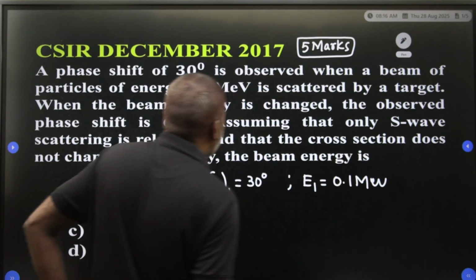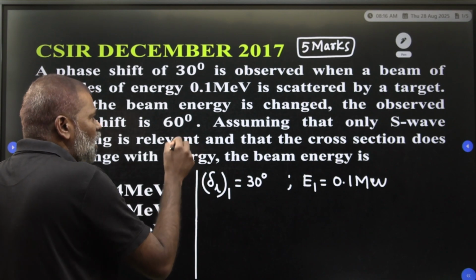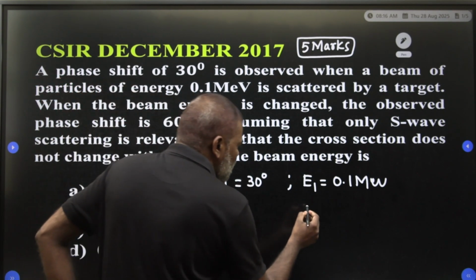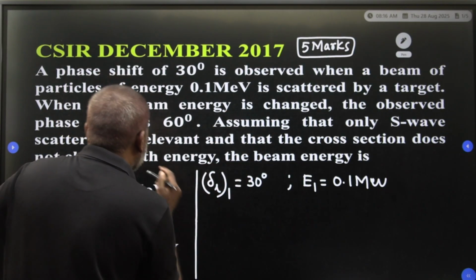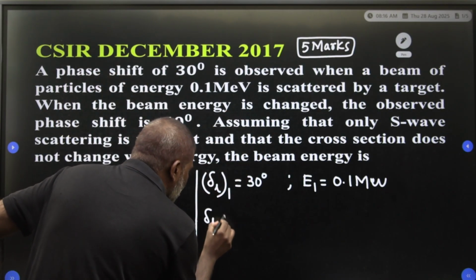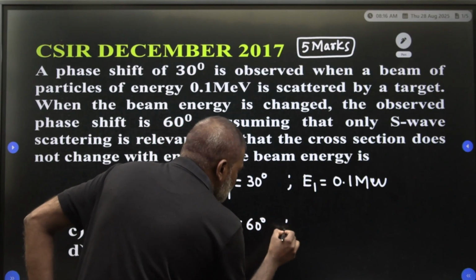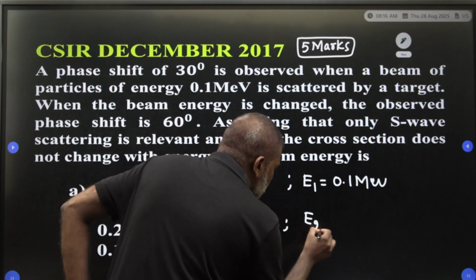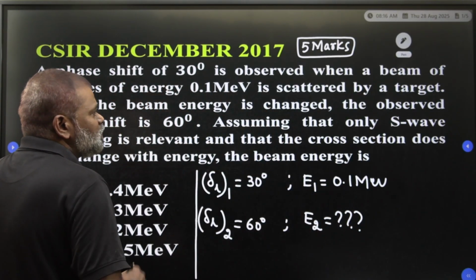When the beam of energy is changed, the observed phase shift is delta 2 equal to 60 degrees. That new energy is what we need to calculate.